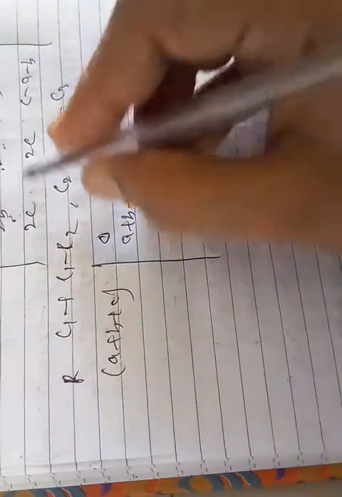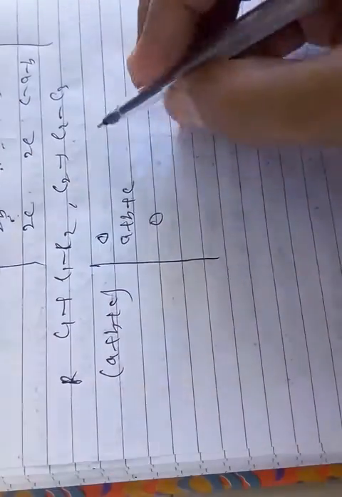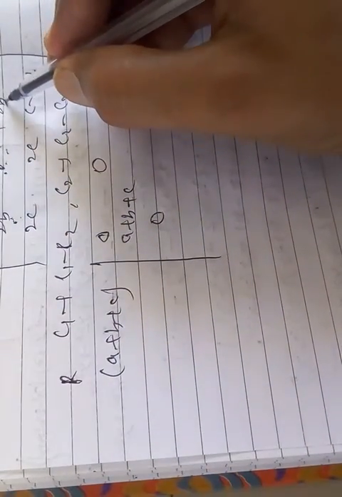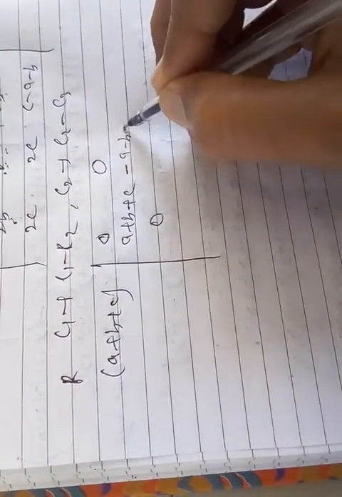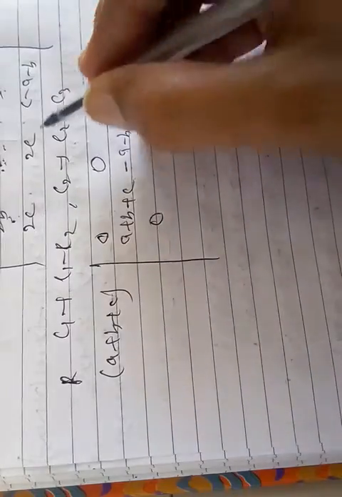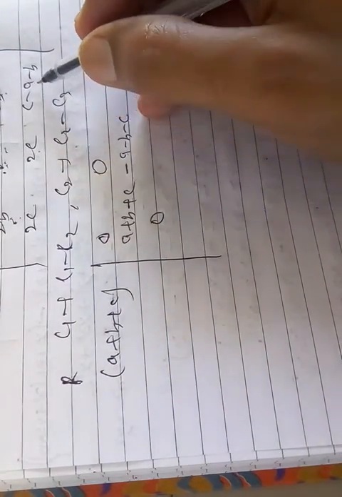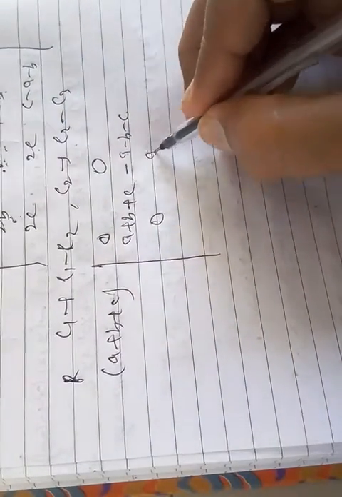And 2c minus 0, this 1 minus 1 is 0, b plus c minus 2b, so b cancels, minus b, so minus a minus b minus c. Okay, 2c minus c plus a plus b, so this is also changed to a plus b plus c.